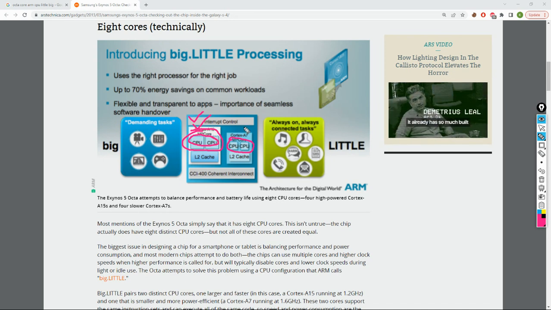When your mobile is in idle mode or little usage, it would be using the cores from this one, so that during idle time these CPUs would be turned off. During high performance, this would be idle and these would be handling all the jobs.